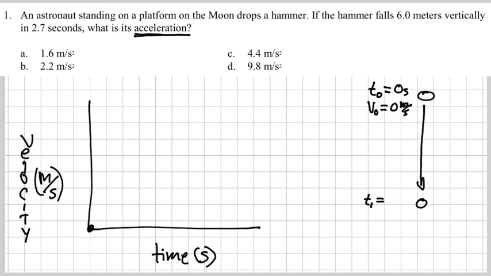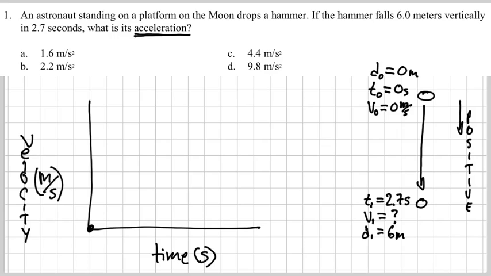Time 1 is just 2.7 seconds, and it will have some velocity, which we don't know what that is at this point. We also know that displacement 0 would be 0 meters. Displacement 1 at this point would be 6 meters. We have traveled 6 meters down, and we're choosing downward, in this particular case, as the positive direction.